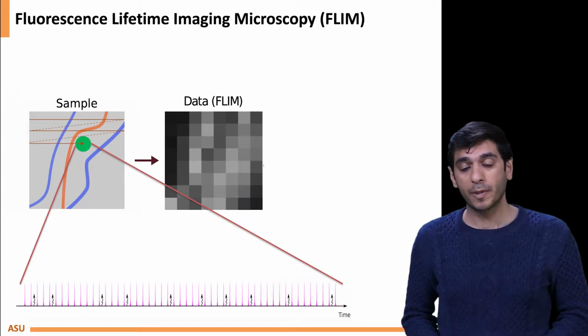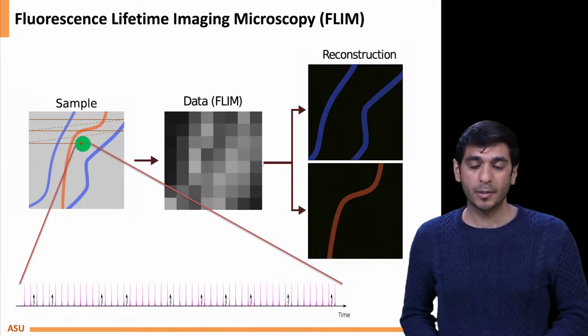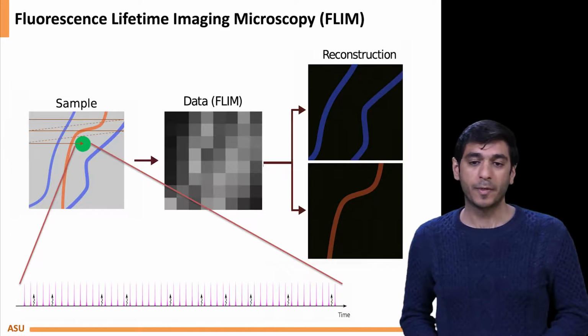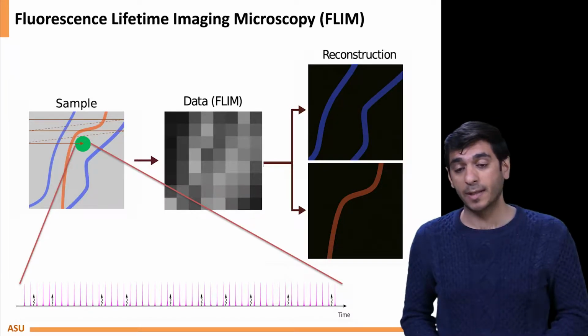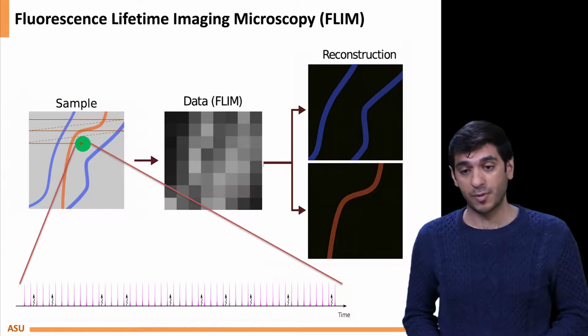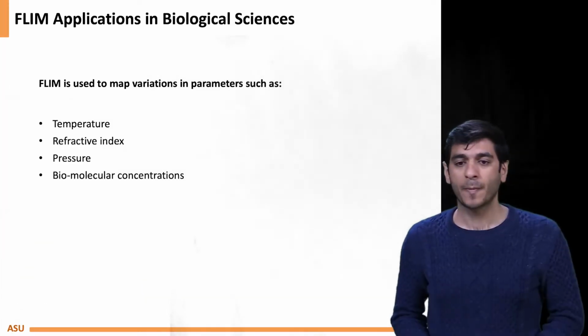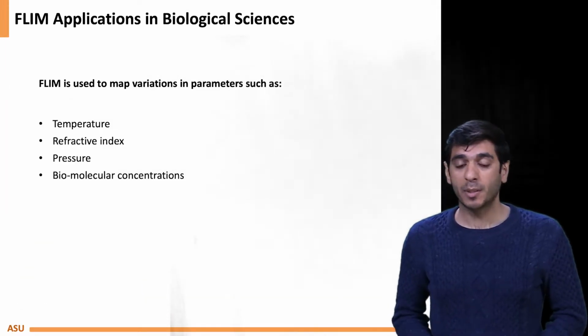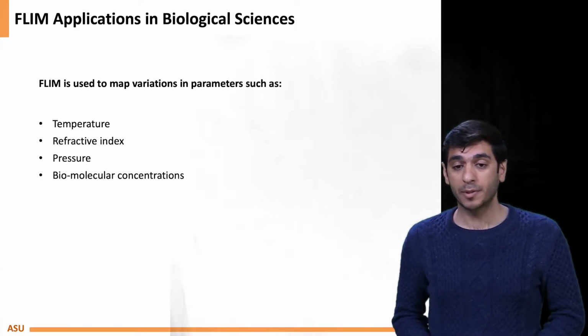This is the raw FLIM data, and there are different FLIM data analysis techniques that can be used to distinguish the two different structures and learn their underlying lifetime maps. Such FLIM experiments can be used to map variation in different parameters within the cell.